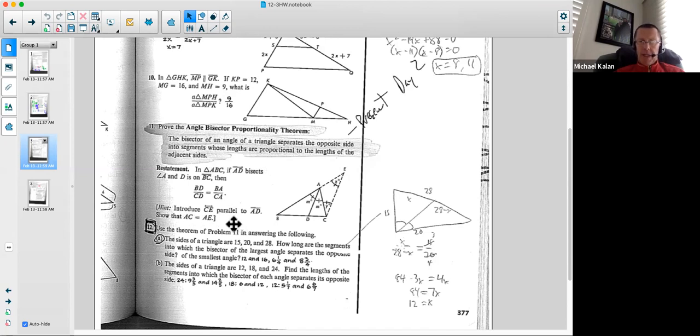Introduce CE parallel to AD. And what allows us to do that? We can always, right? We can always introduce a parallel that's through an external point, right? And parallel to a line. So go out to that point now. Okay.